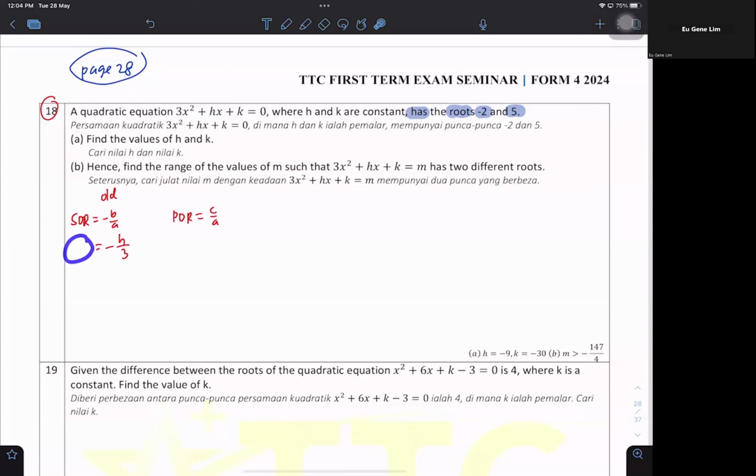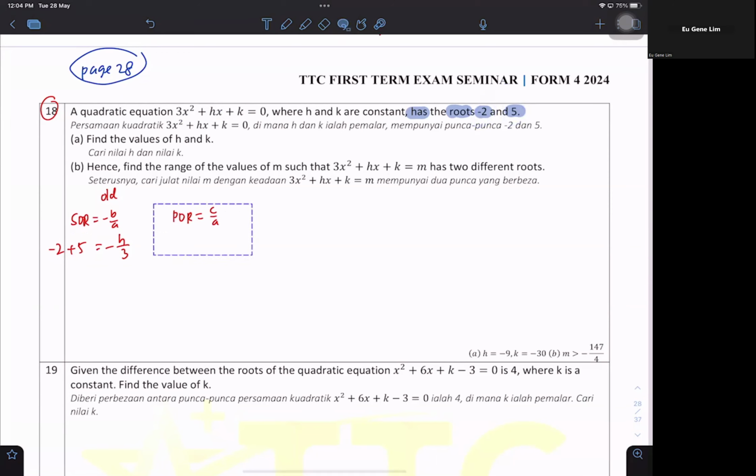But what is the left-hand side? Yes, very good: -2 plus 5. You must write like this, because sum means sum of roots, you take the roots and add them together. So -2 plus 5. Understand?